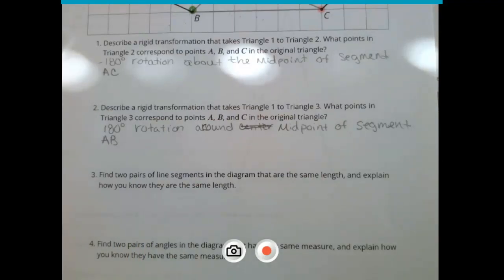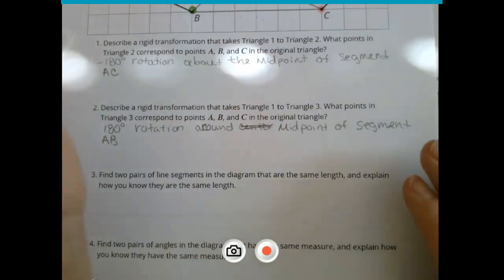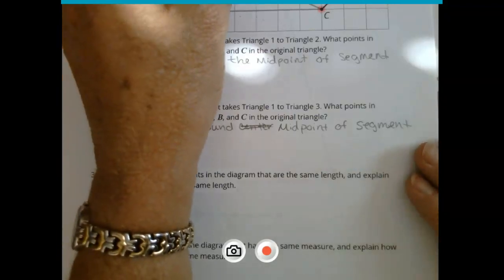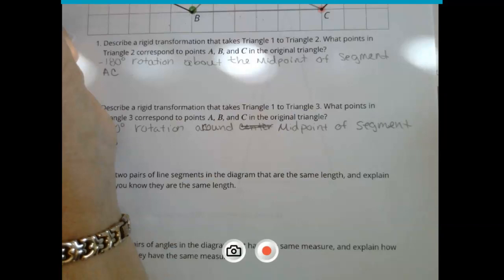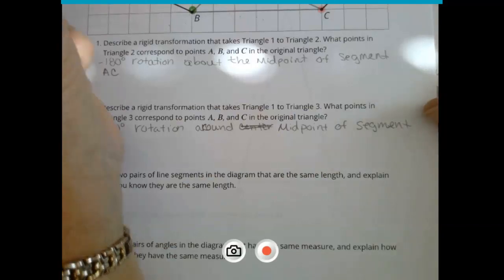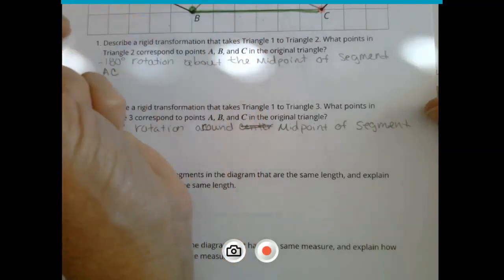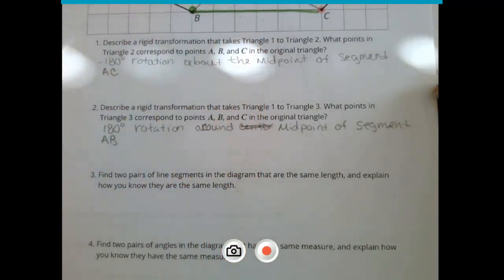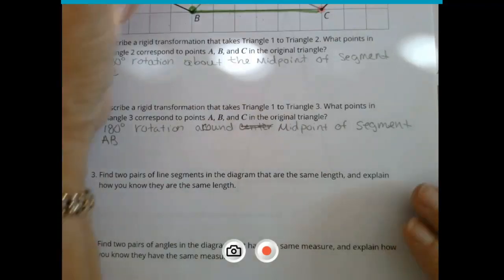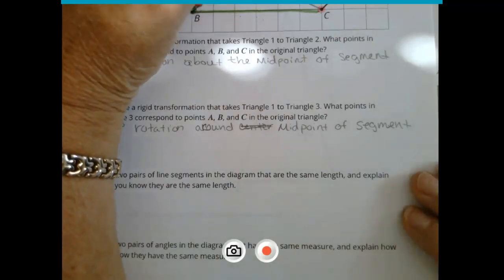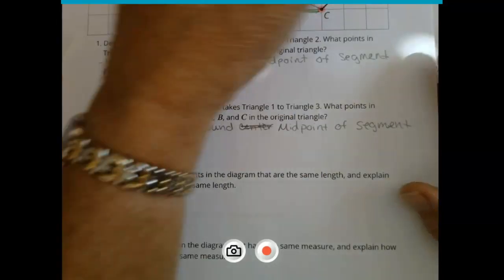I said line segment AE, this is AE, is the same length as BC, this one here. All right. Then I also said that AB, which is right here, is the same size as DC.